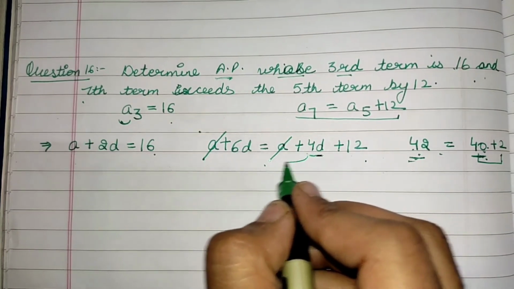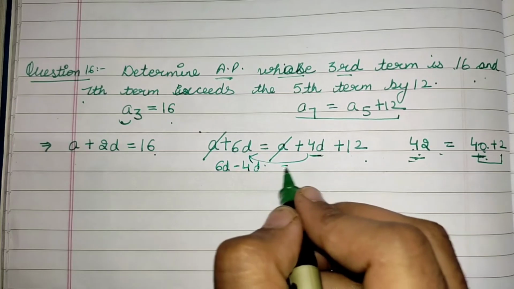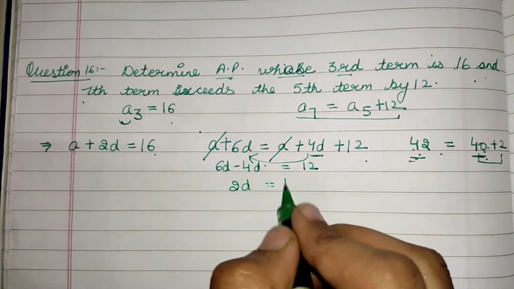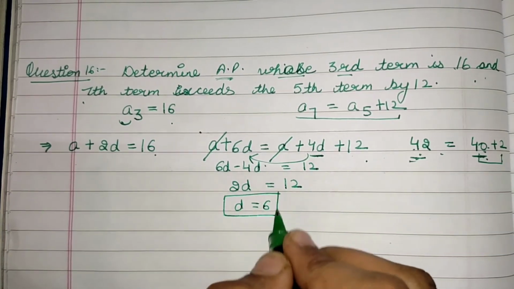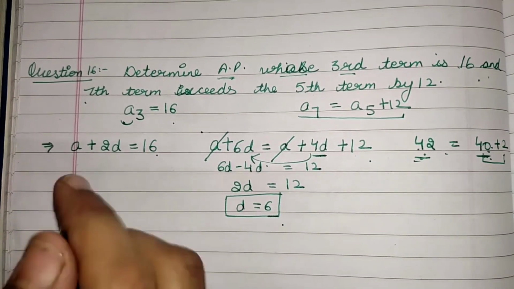This is plus 4d; when it goes to the left hand side, it will become 6d minus 4d is equal to 12. So 2d is equal to 12, so d will be equal to 6. After solving this, I get d is equal to 6.